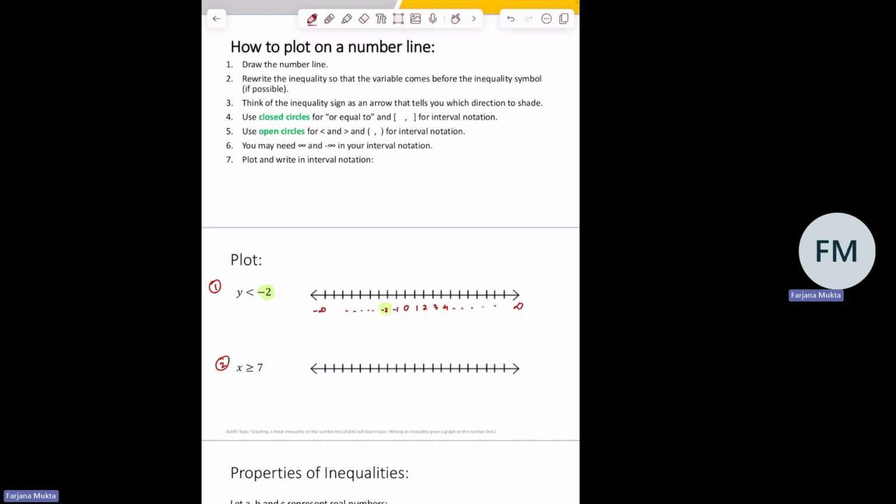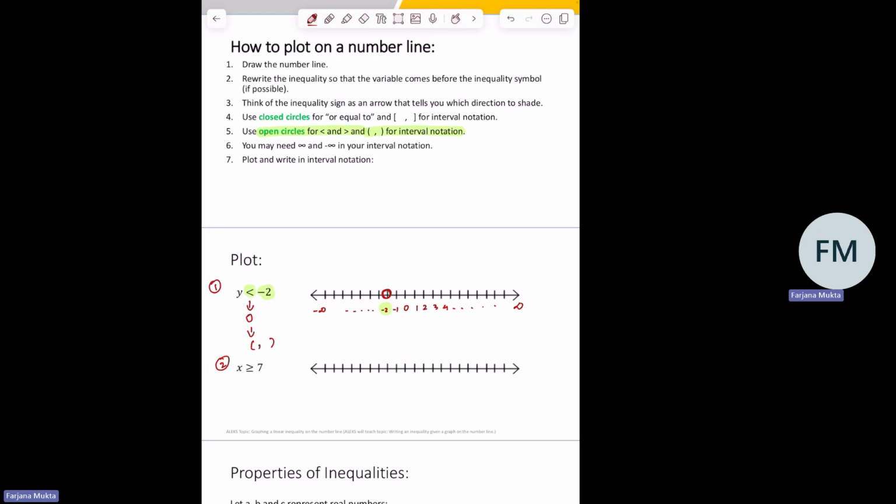Since we have a strictly less than inequality symbol here, for strictly less than or greater than, we use an open circle and parentheses for interval notation. So on -2, drawing an open circle, and parentheses for interval notation.